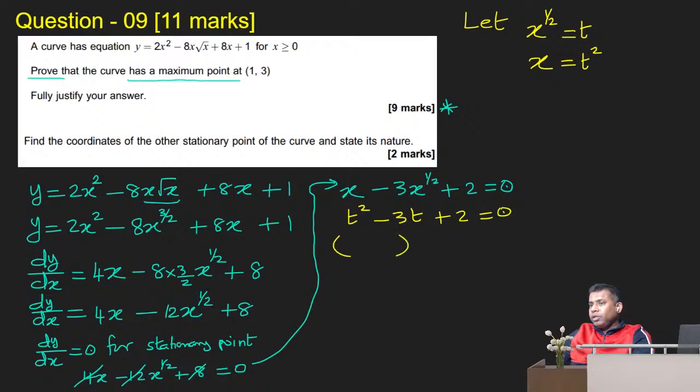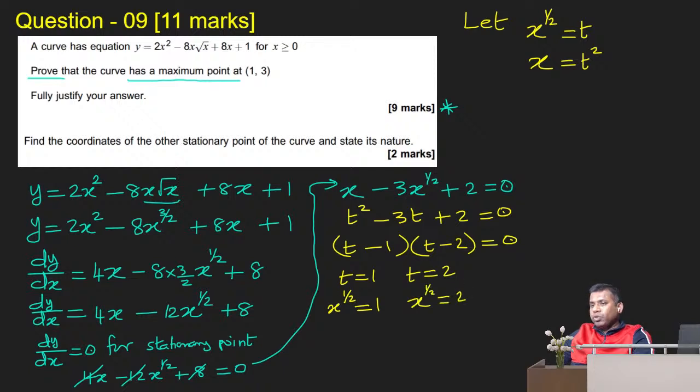Now I am going to put it in two brackets equal to 0. So this is going to be t minus 1, t minus 2, right? So t has to be 1 or t has to be 2. t is x to the power half, so x to the power half equals 1 or x to the power half equals 2.